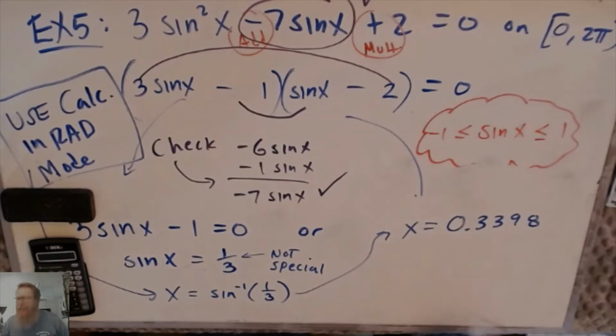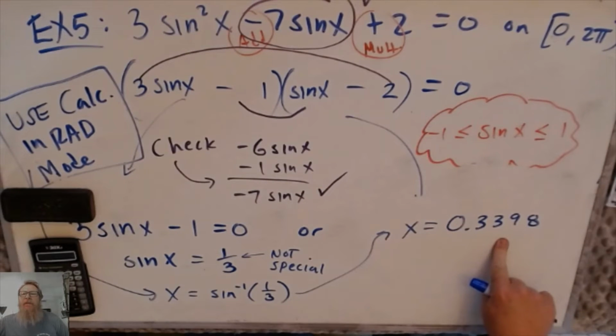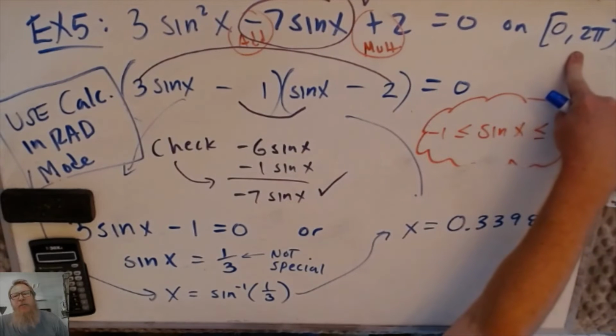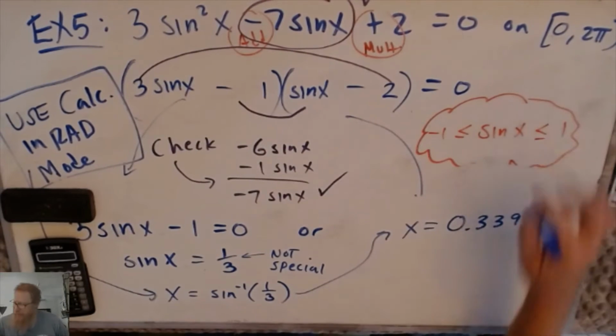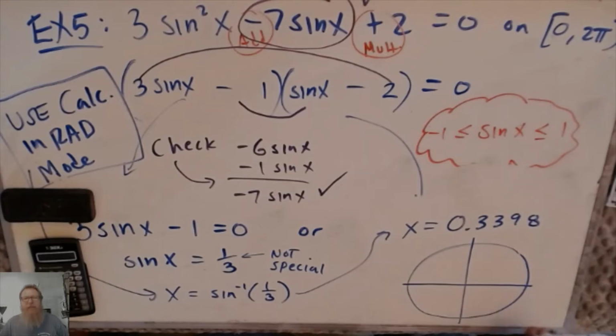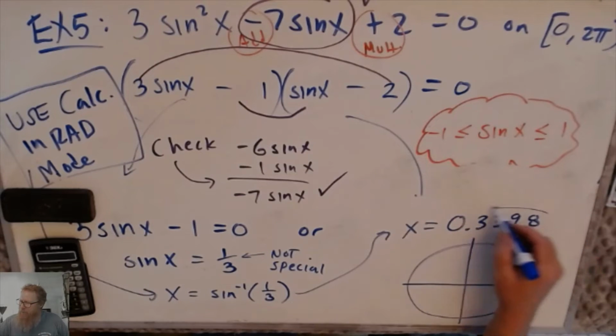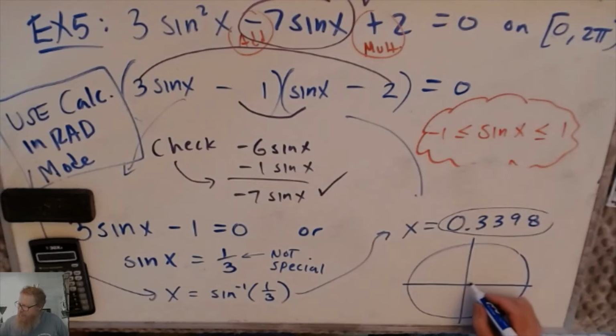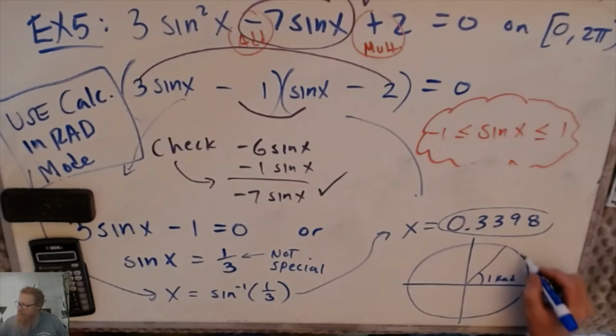Okay. Now, is that the only solution? Remember, we're on the interval 0 to 2 pi. So if you ever think about what a radian is as a decimal, a very easy way to remember it is 1 radian is about 57 degrees.